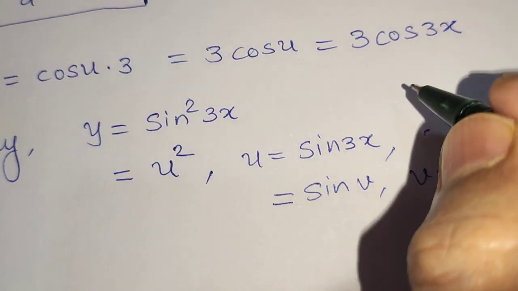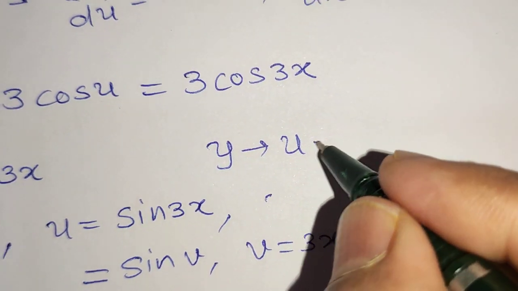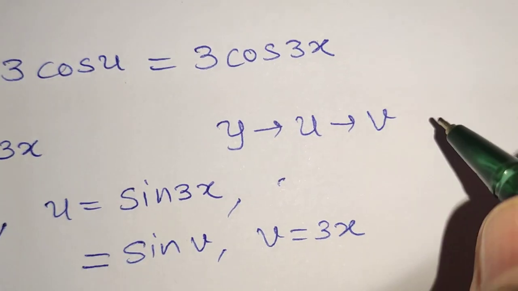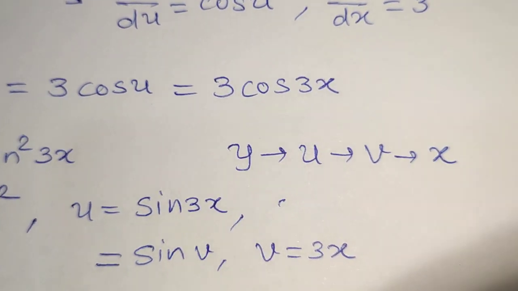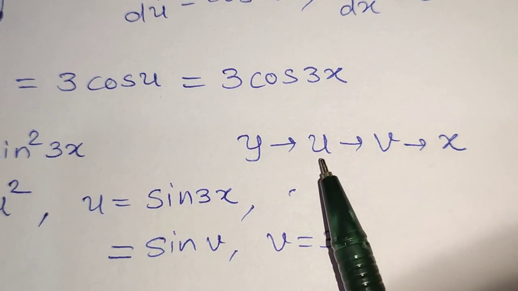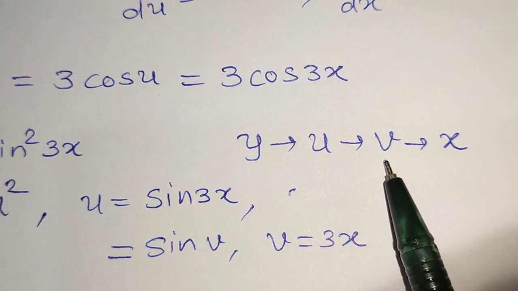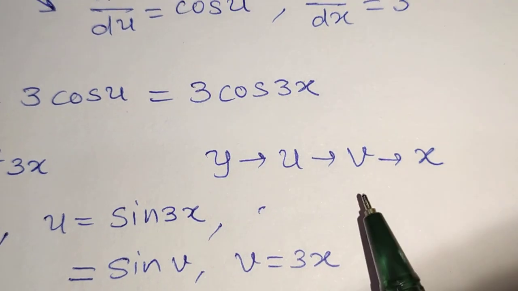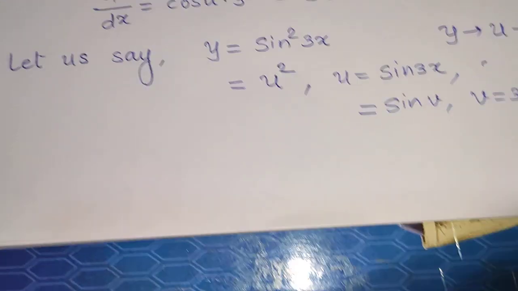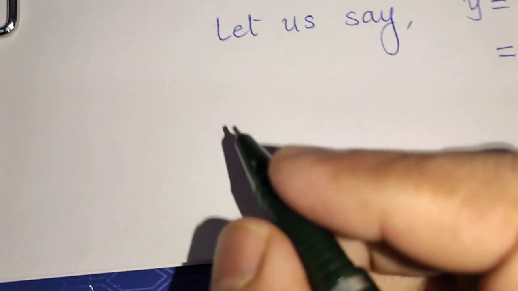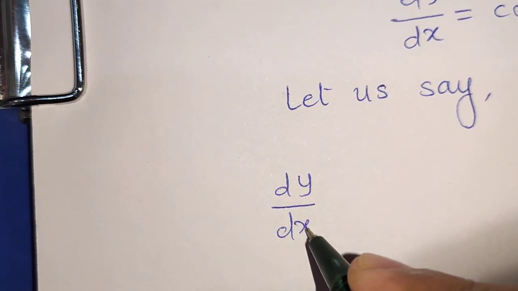So here the chain rule involves y as a function of u, u as a function of v, and v as a function of x. So the derivative of y with respect to u, dy by du. The derivative of u with respect to v, du by dv. The derivative of v with respect to x, dv by dx. So in this case, the formula will be like this: dy by dx.